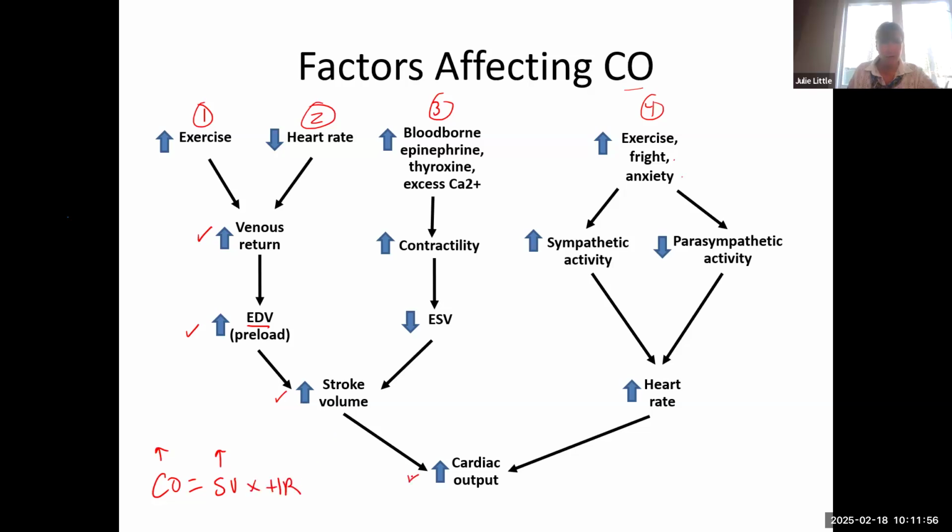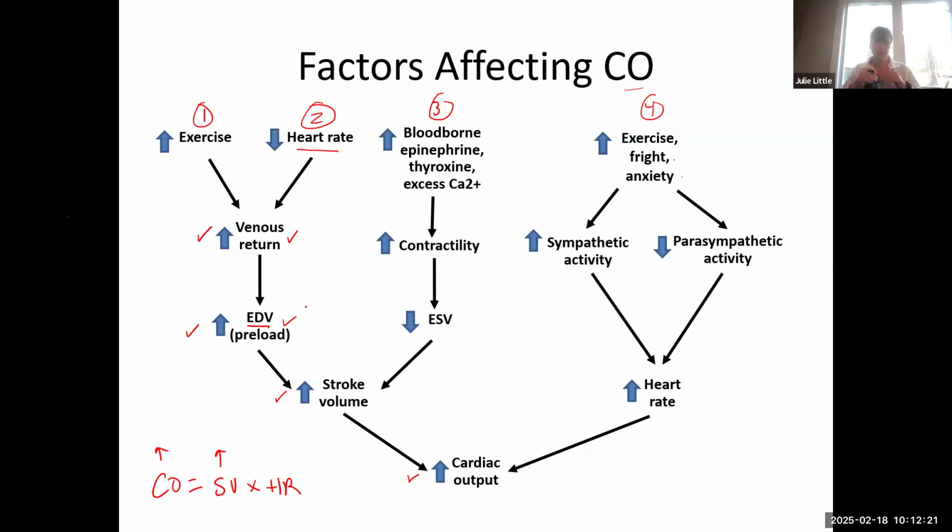So this is how we read this. What if we drop our heart rate? Well, if we drop our heart rate, and you can flip these back and forth all you want, you just have to be able to reason through it. If you decrease your heart rate, you're going to have an increased venous return, not because the blood's coming back to the heart faster, but more so because of the preload.